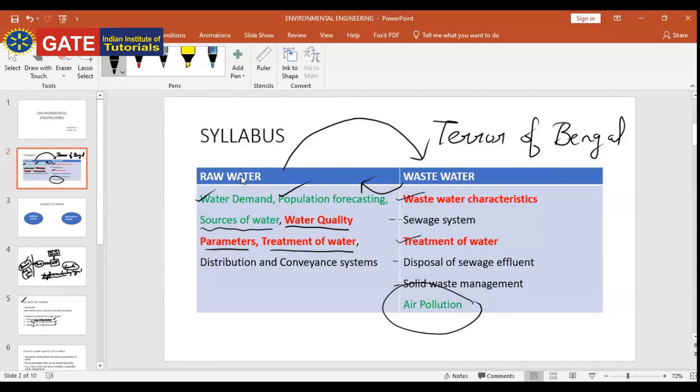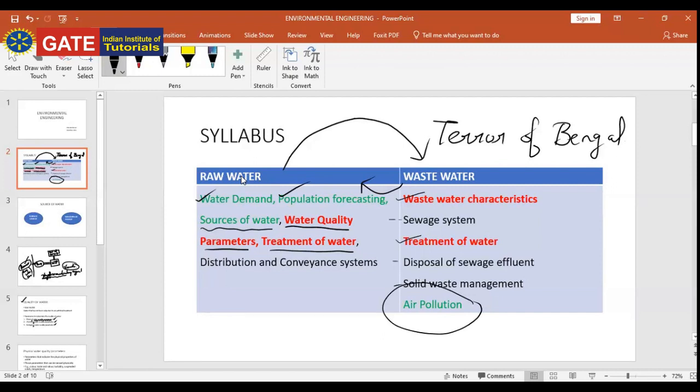Now coming to the most important topic that comes under raw water, that is the water quality parameter, and then comes the treatment of water. Now what is water quality parameter? Those are the parameters that indicate how much quality our water has. Is it bad quality water or good quality water? Is it suitable for drinking? Is the quality okay for drinking purpose? Or for domestic purpose?